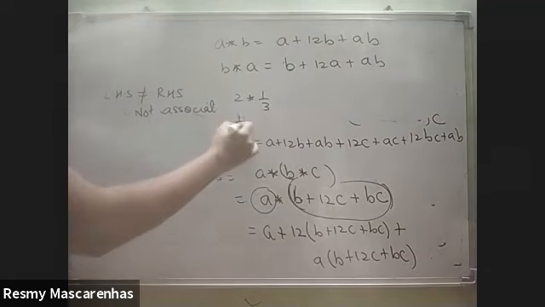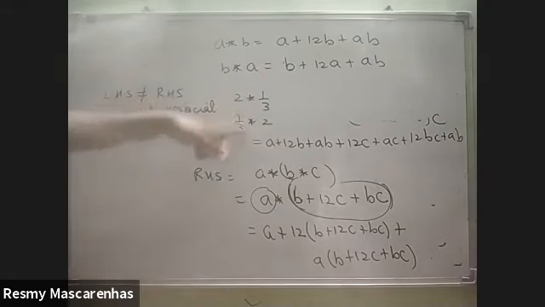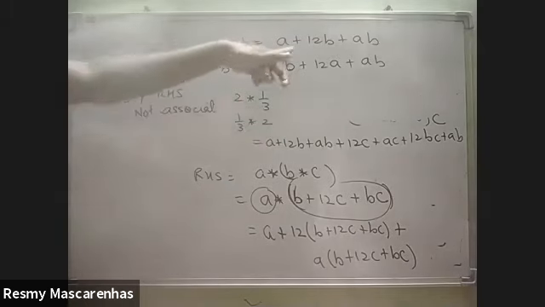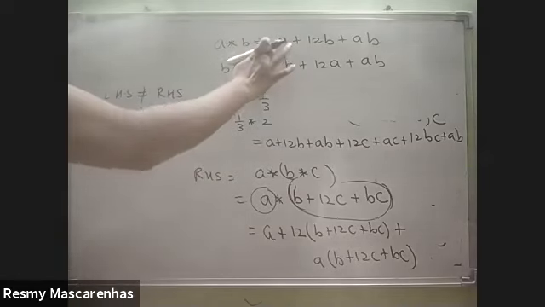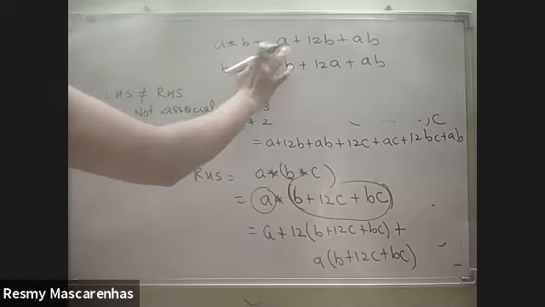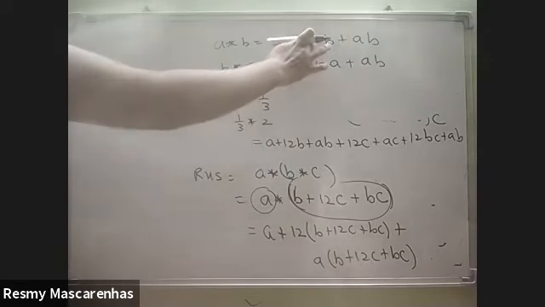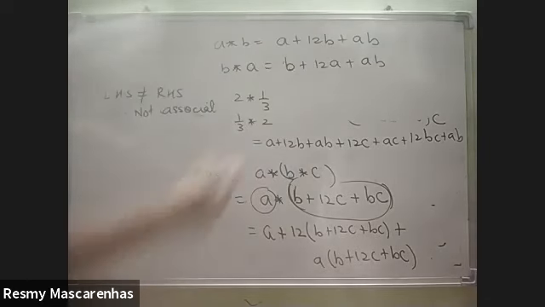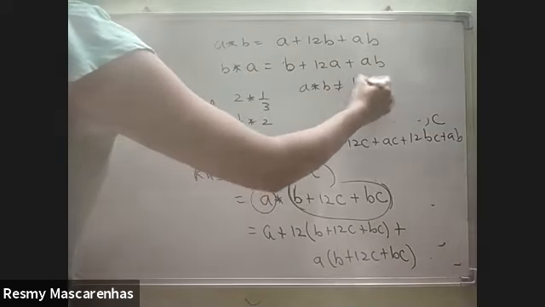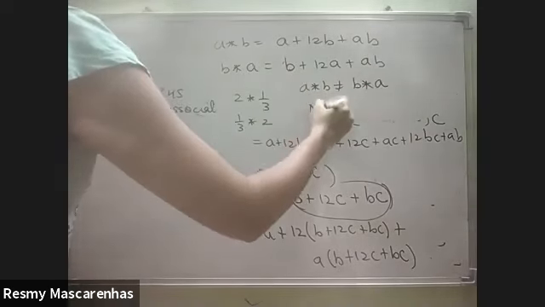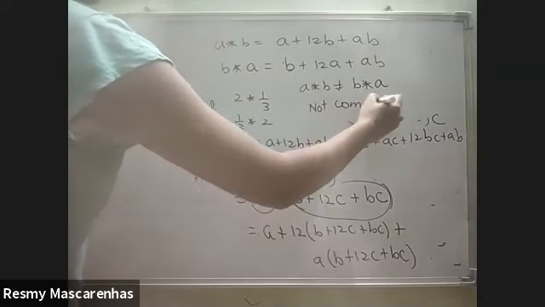You can check with 1 by 3 star 2 also. Using this example also check answers. If you want direct formula also you can check. And if you see it is not the same. Okay. Here it is A, 1 time A. Here it is 12 times A. Here it is 12 times B. A star B is not equal to B star A. So not commutative. You can put numbers also and check.